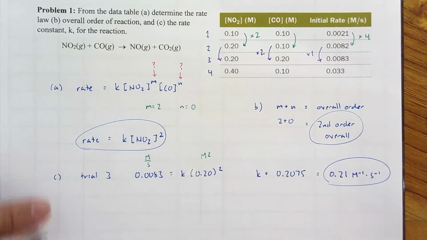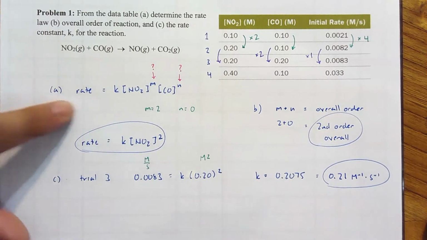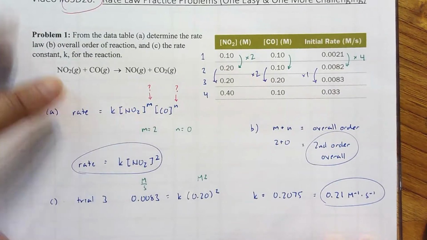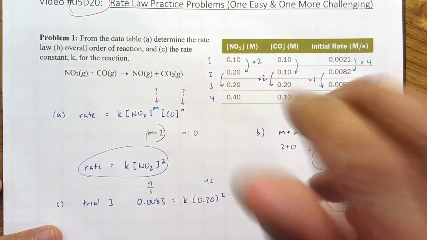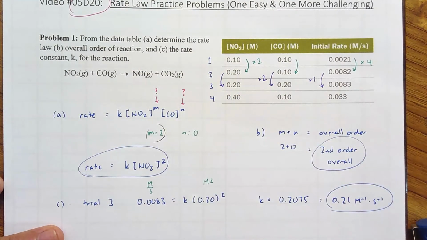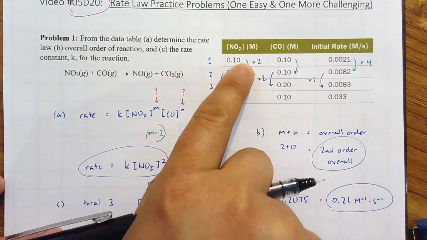Mathematically, let's go back and figure out this m for real. Is it really that close to 2? Well, we used trial 1 and trial 2, right? Yep, it's the green one here.